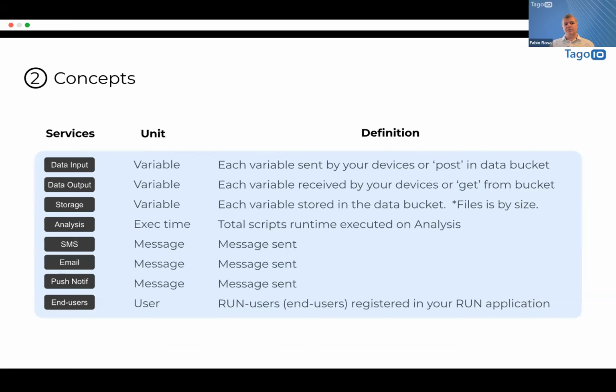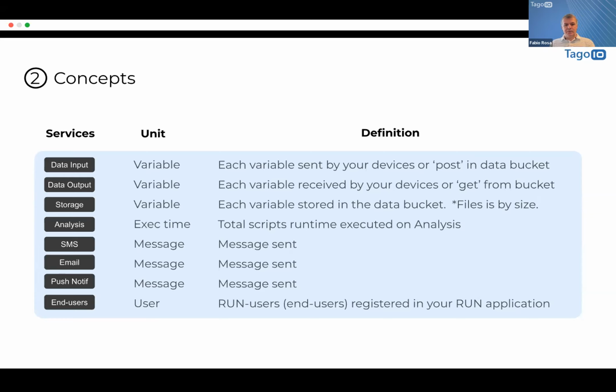Let me tell you a little bit about the concepts, okay? A lot of people ask this. How do you measure that? For example, how do you measure data input, and what is data input? First, every time you have a device send data to Tago, it means that it is getting into your account. Each variable that you send counts as a metric, okay?